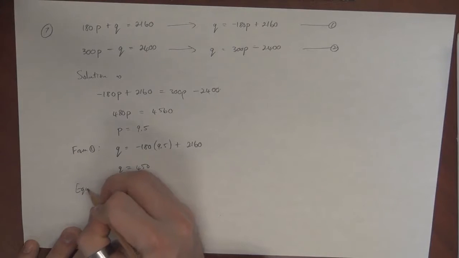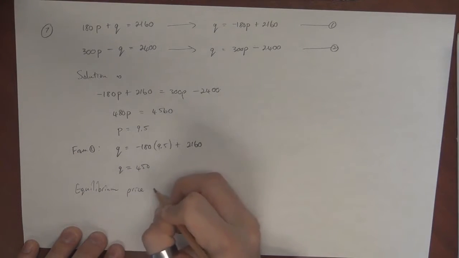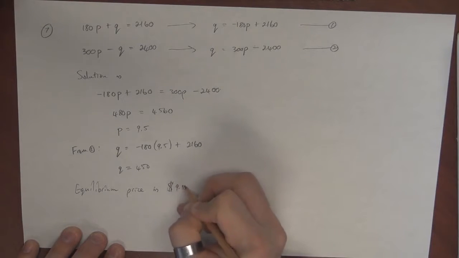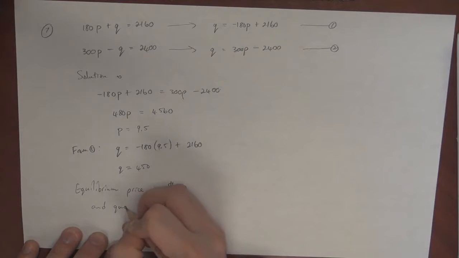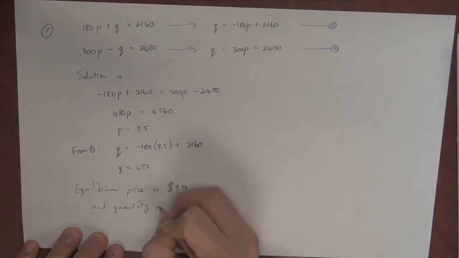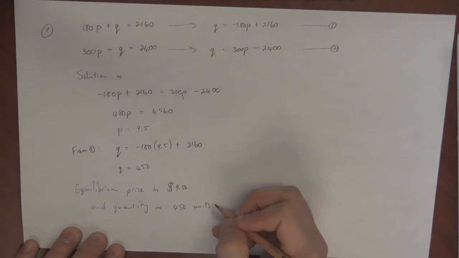So the equilibrium price is $9.50, and the equilibrium quantity is 450 units.